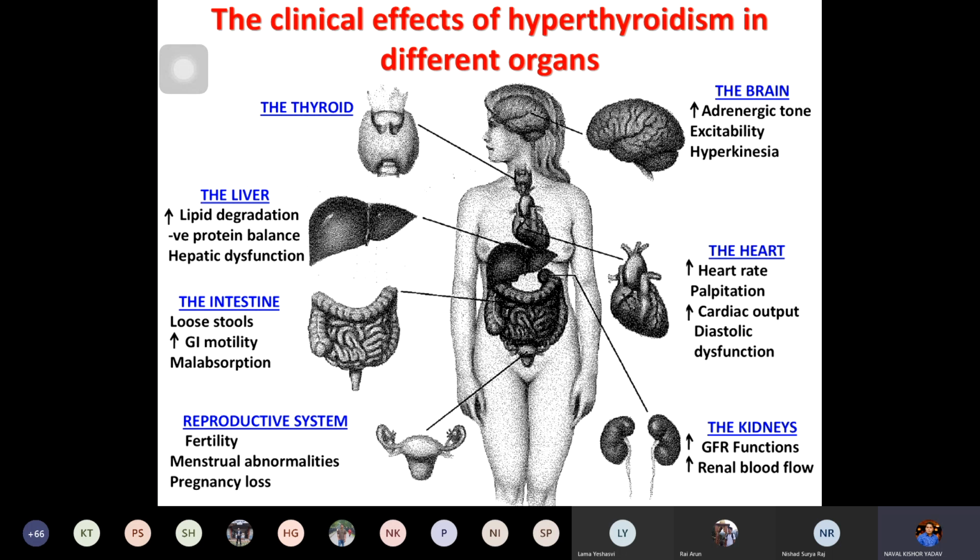On the heart, you can observe increased heart rate, palpitation, increased cardiac output, and diastolic dysfunction in the patient suffering from hyperthyroidism. Similarly, in the kidney, increased GFR and increased renal blood flow. So these are the effects of hyperthyroidism on the different organs.